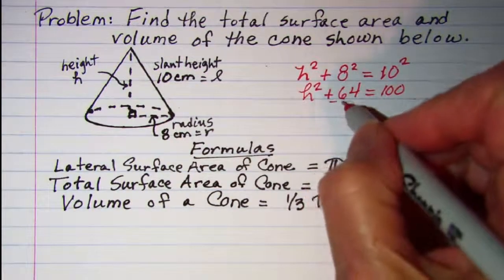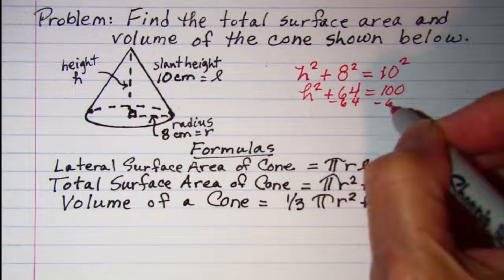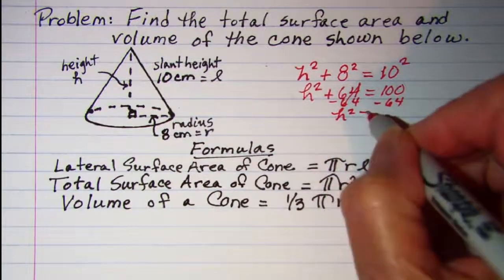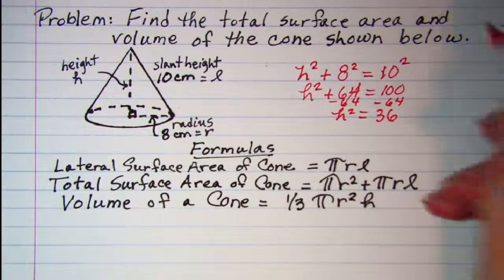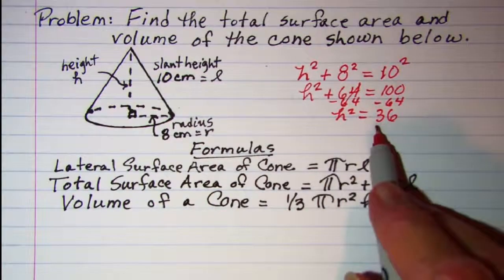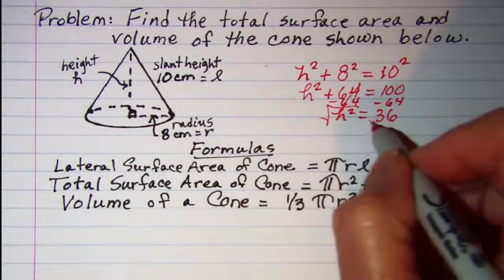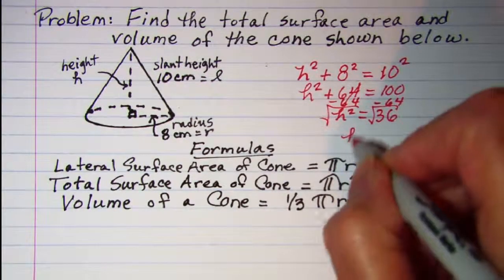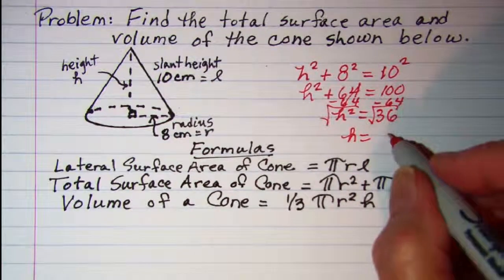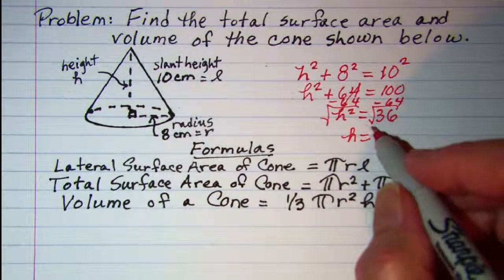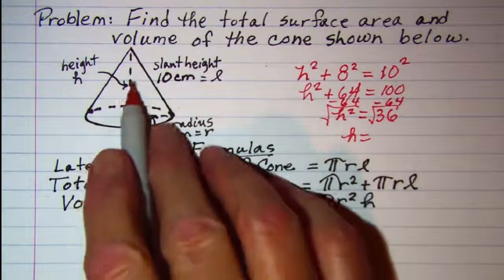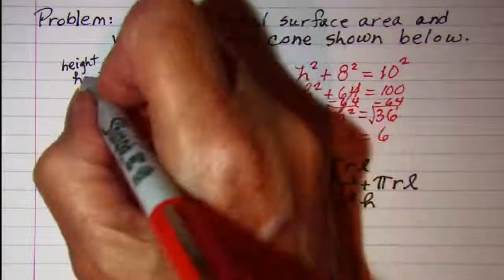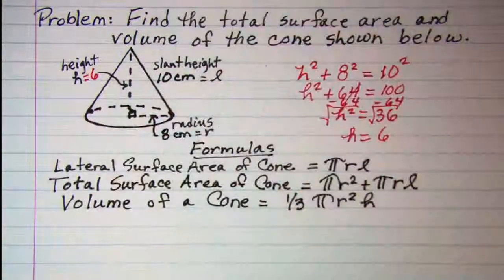We'll subtract 64 from both sides, and we have h squared is equal to 36. Now to get h by itself, we want to square root both sides. Algebraically, this would be h is equal to plus or minus 6, but since we can't have a negative dimension, we'll just write h is equal to 6. That is that dimension.